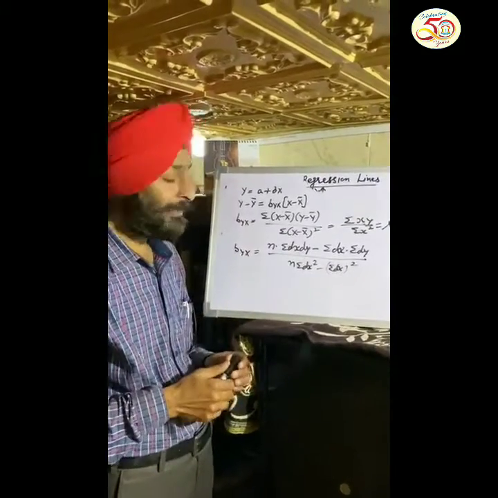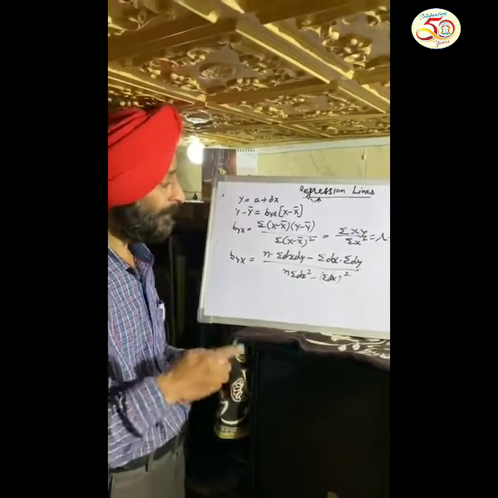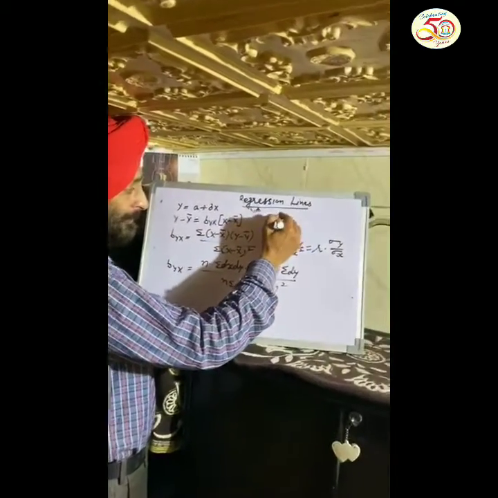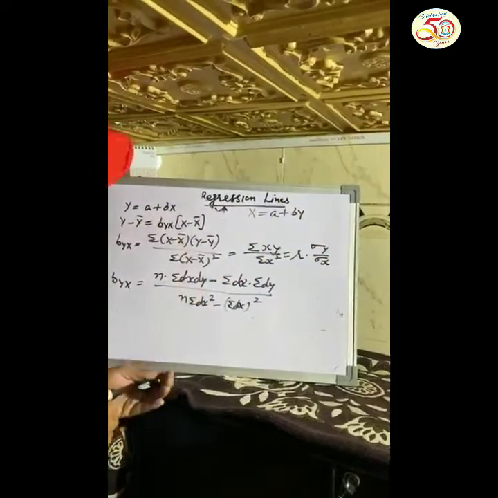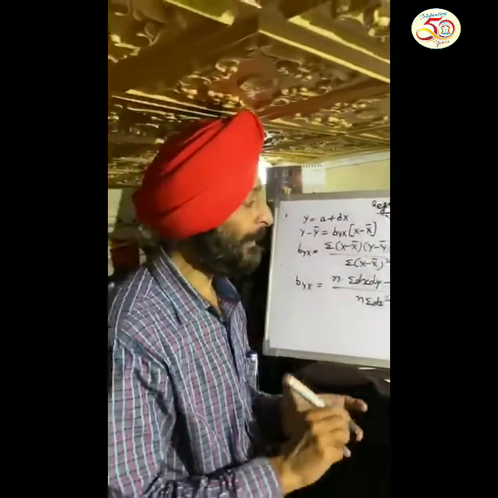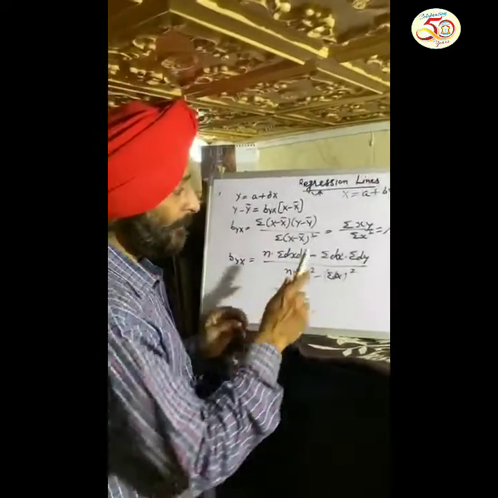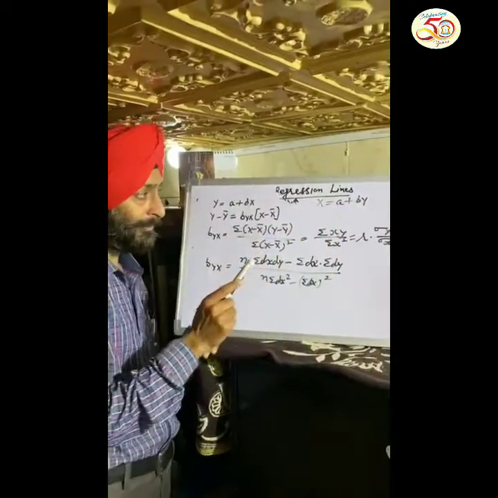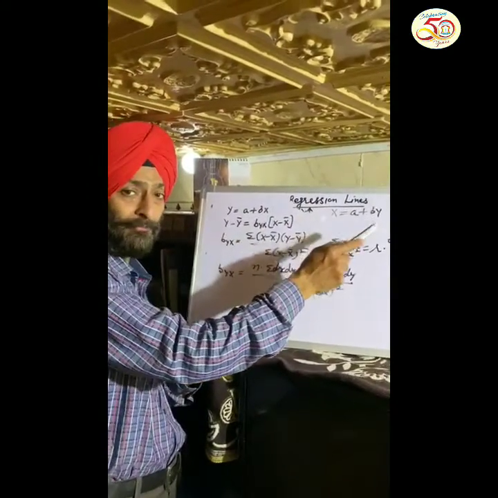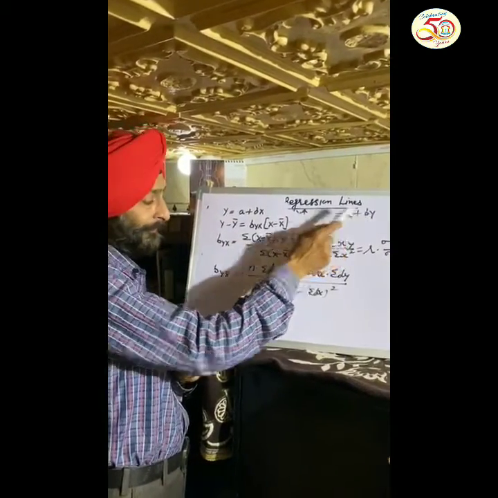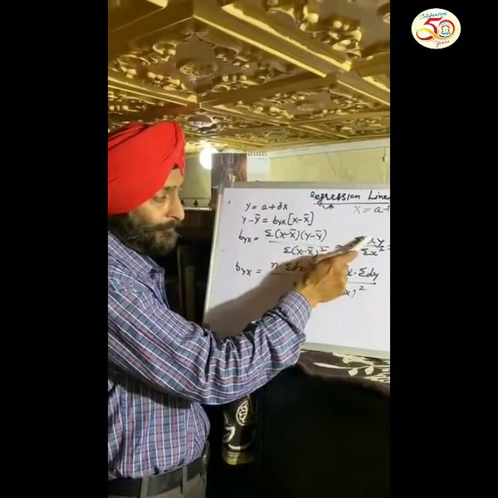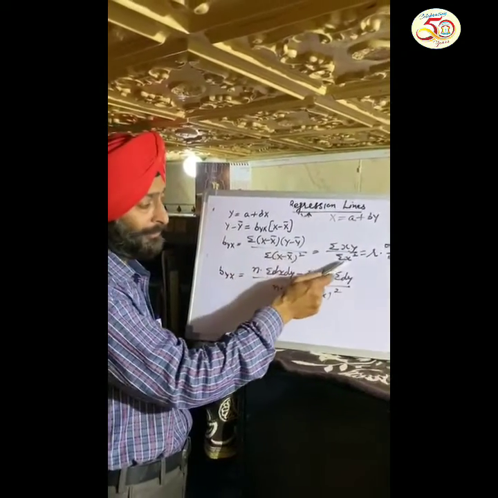Another is bxy. This is the other equation, that is x equals a plus by. Here x is dependent and y is independent. If you want to calculate this b, it will be called bxy, not byx. Then the numerator will not change, but the denominator will change.